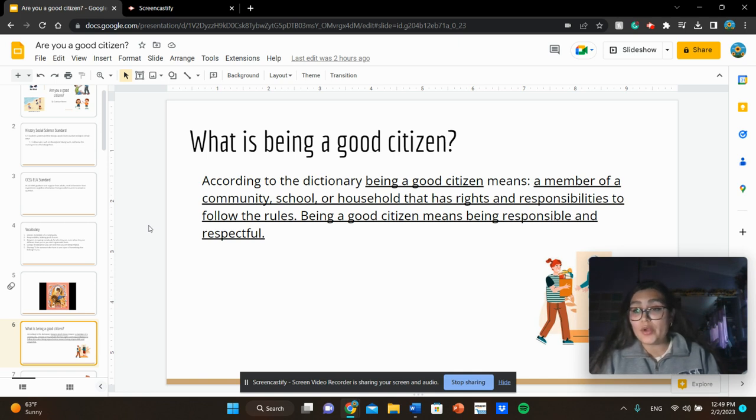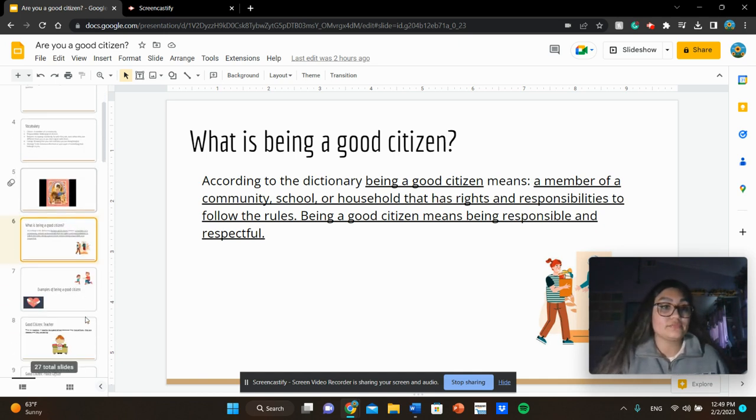It is very important that we have rights and responsibilities to follow the rules, making sure that we help others, and also making sure that we look out after ourselves. Okay.